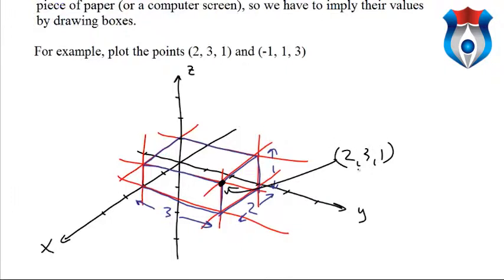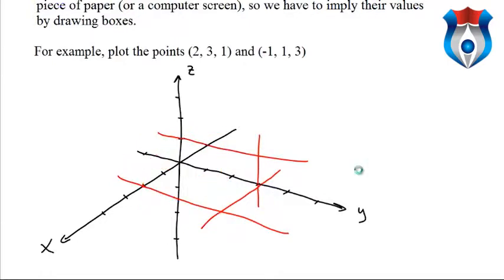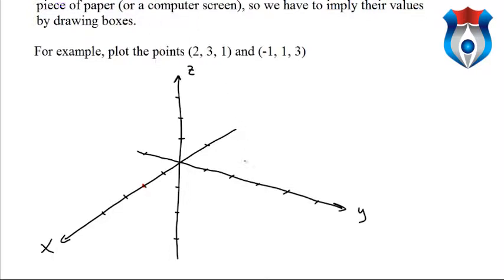Now to plot (-1, 1, 3). Let me clean all this up. We want -1 in the x direction, so we want somewhere down here.